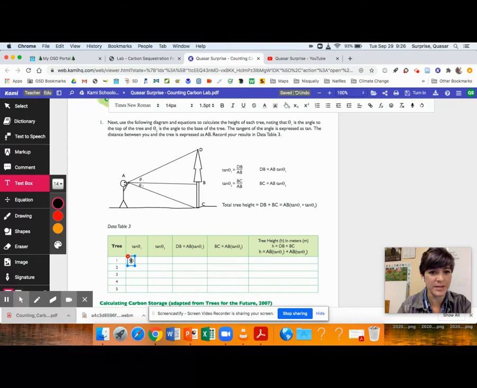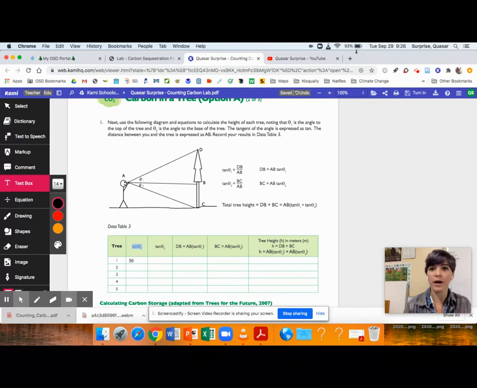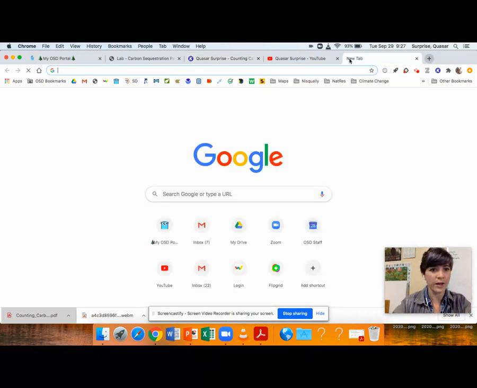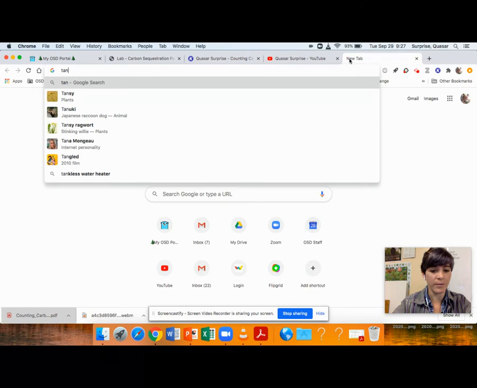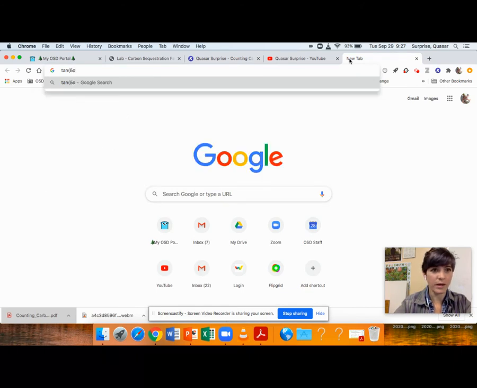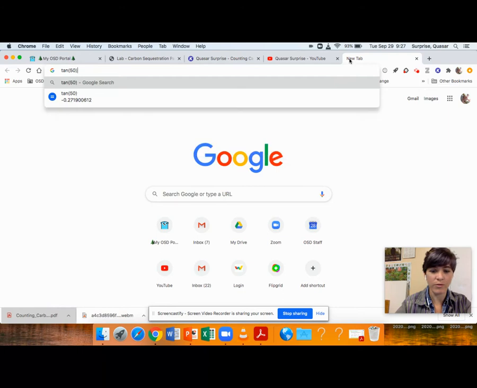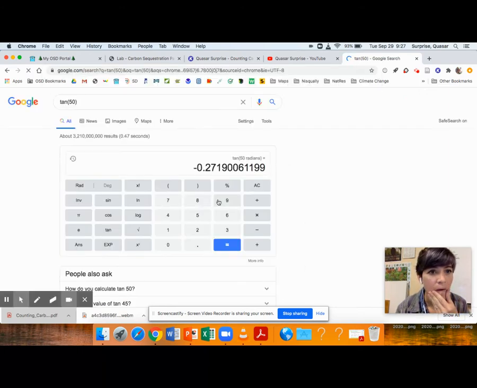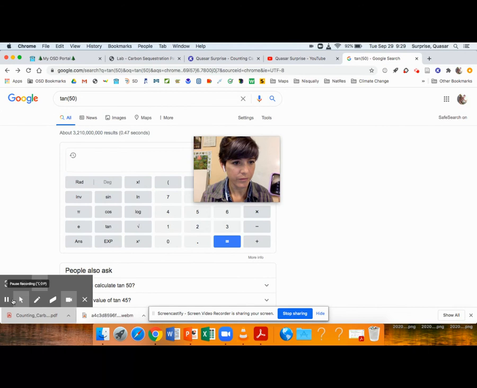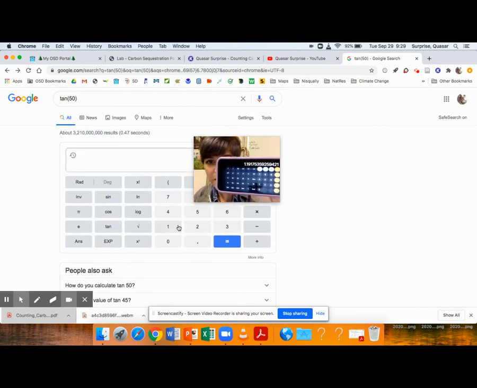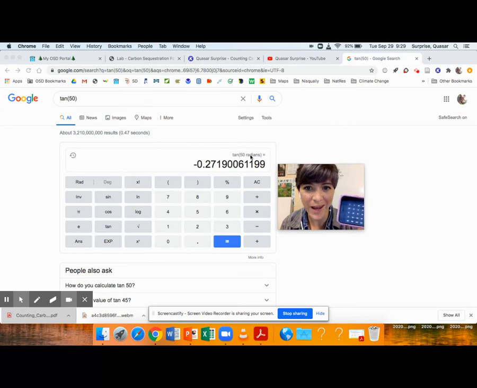I'm actually just going to go ahead and use a Google calculator. Tangent of 50. Let's see if it'll do that for me. Sweet, let me just double check that on my phone. Okay, so check it out. I did it on my phone, and the tangent of 50 is 1.19. I think the Google one gave a different answer because it thought I was talking about radians, but I'm talking about degrees.